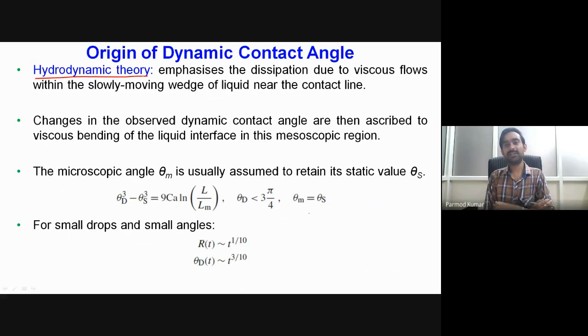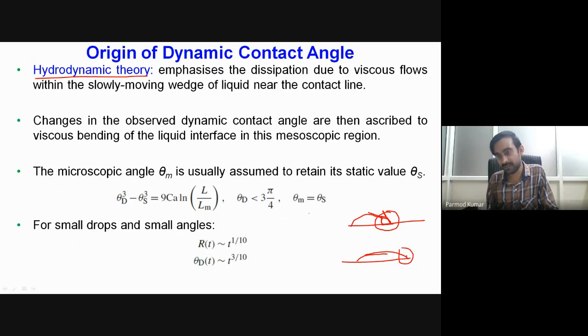What hydrodynamic theory says is that while the droplet is spreading or advancing, we will have some initial stage something like this. This particular zone is the zone very close to the contact line. Then while advancing, it will further spread, and this zone has displaced to somewhere over here.